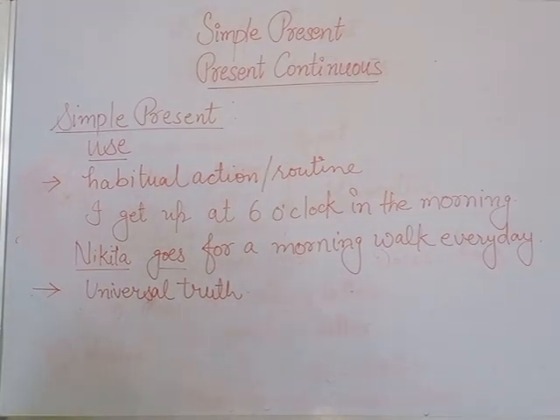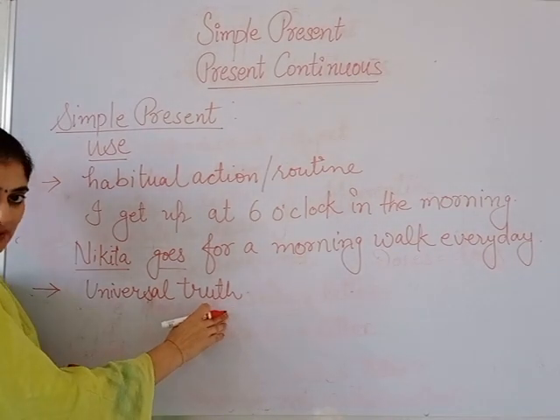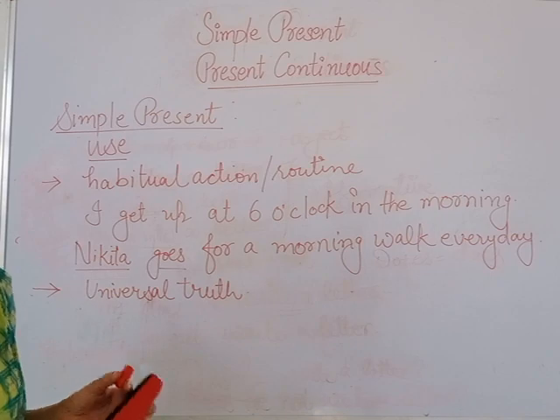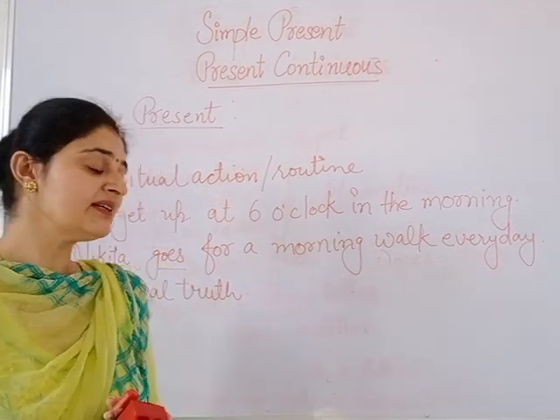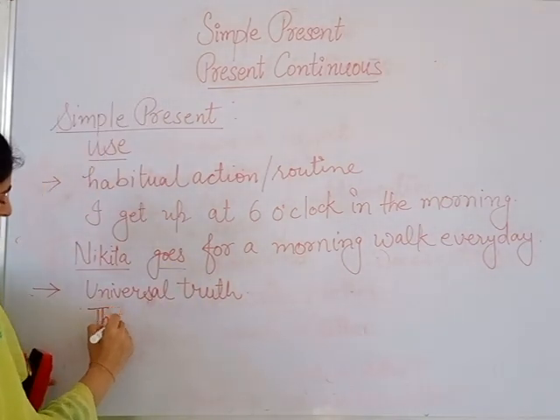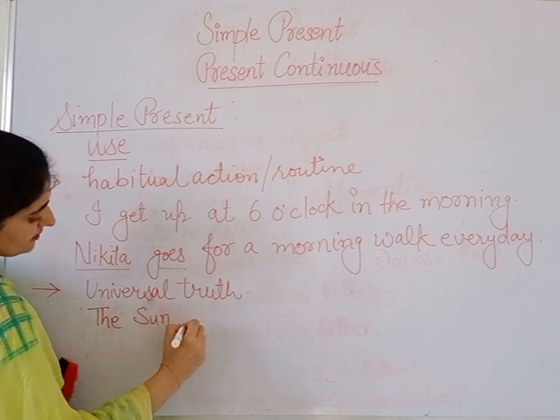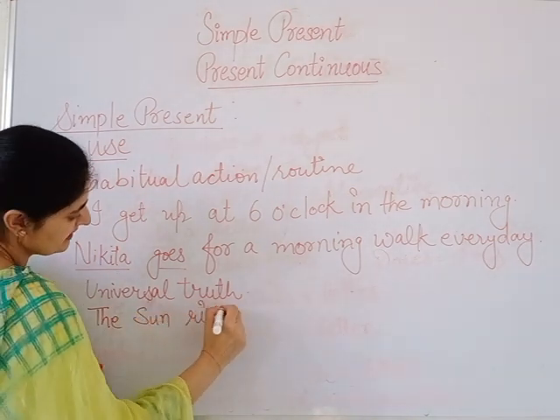The universal truths are the facts that cannot be changed. For example, a very simple example of it is, the sun rises in the east.